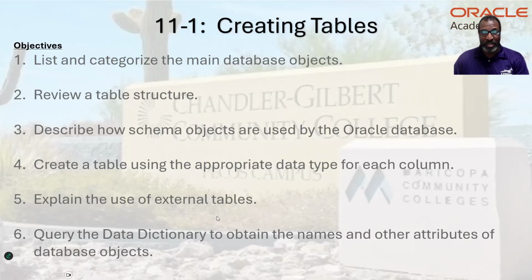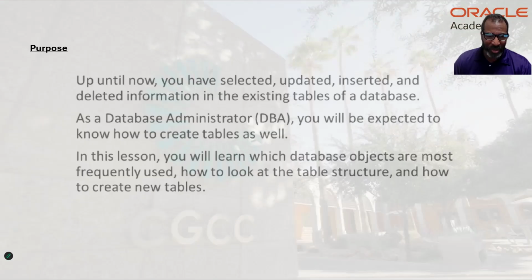Usually, especially with cloud databases, your DBA has already set that up for you, and you really don't have to worry about it. But as a data analyst, you need to understand how the tables or schemas are connected. So that's why we're going to cover that. And using the data dictionary to obtain names and other attributes of your data objects is very, very important as well. And you'll see that in a minute.